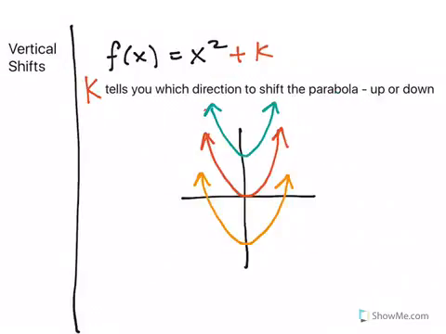And we can also shift our graphs up and down. We shift the graph up and down, or a vertical shift, by adding a k. k tells you which direction to shift the parabola. The orange graph again is just our basic f(x) equals x squared.